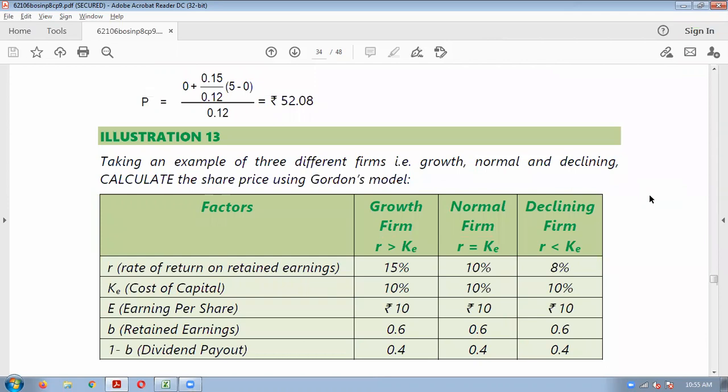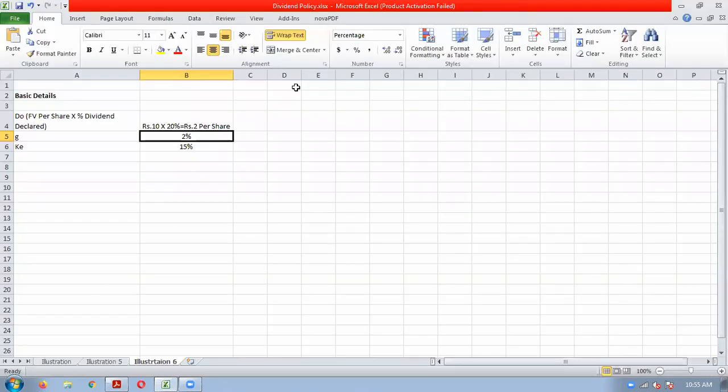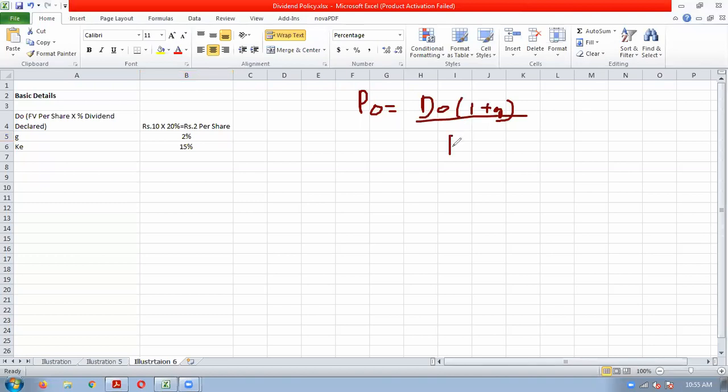One is D0 (1 plus g) divided by k minus g, which we are using. So Gordon model P0 is equal to D0 (1 plus g), which is D1. When you add growth rate to the current dividend, you get D1. And if we discount it by k minus g, we will get today's market price. So today's market price is a discounted value of the future dividend.